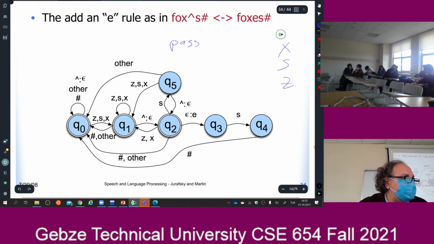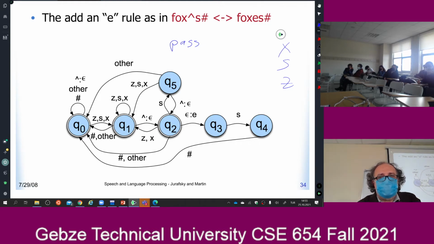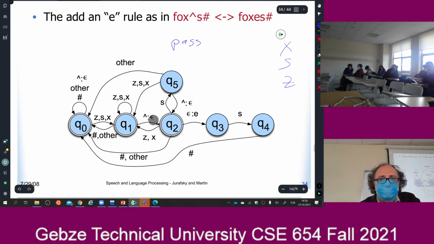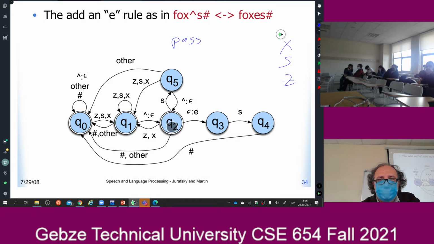When it is pass, this is a verb, right? If I like to add a third person suffix to it, I would say passes, right? So that's why it keeps repeating the same thing. And what does this one do? This one says that for the next state, with an empty epsilon transition, put a caret, go to Q2, and put an S at the end.